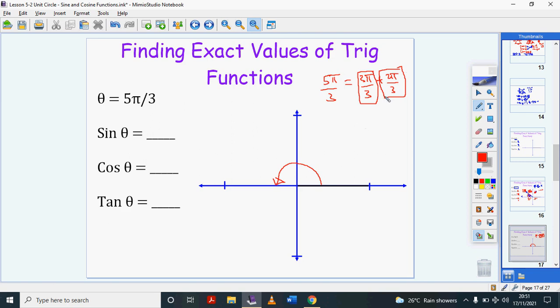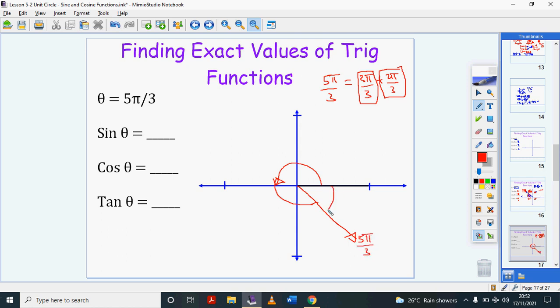I hope you remember that 2/3 of a pi, because this would have been another full pi, but we're just going to add 2/3 of that pi. I know 1/3 is 60 degrees, and therefore 2/3 will be 120 degrees. So that angle is going to be somewhere here. This is going to be our 5 pi over 3.